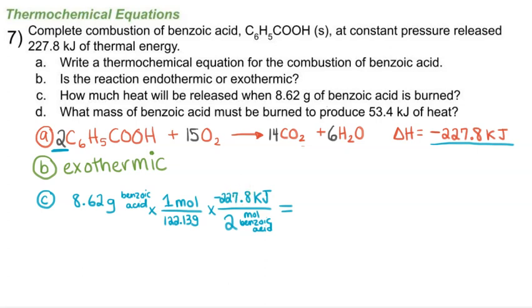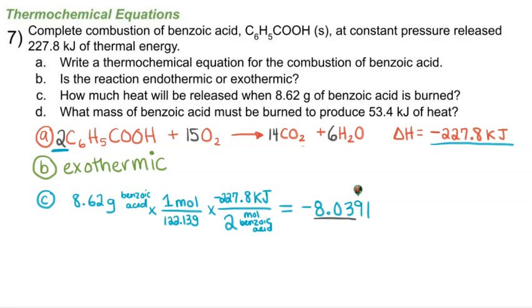So when I multiply this whole thing out, 8.62 divided by 122.13 times negative 227.8, what I get as my answer is negative 8.0391. But of course I am going to need to round that to just 3 significant figures here.